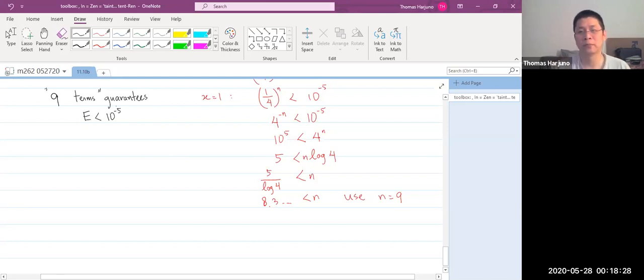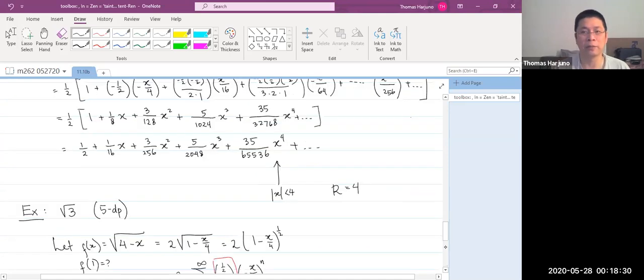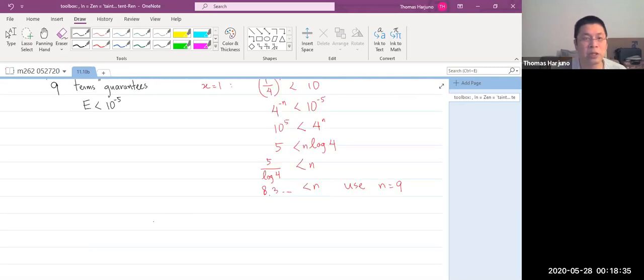Okay. Now then, let me expand that a bit further. So square root of 4 minus x is equal to 2 times, the first term is 1.